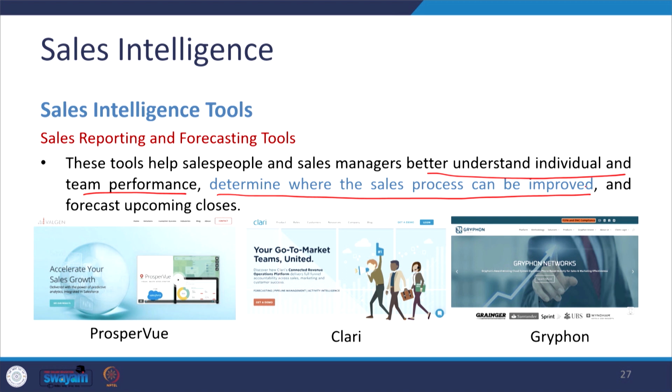So you can identify strong areas or weak product areas, and then you can think of using other tools along with these forecasting tools to make the most out of your sales intelligence tools. ProsperView, Clari and Gryphon are some examples of sales intelligence tools particularly used for sales reporting and forecasting.